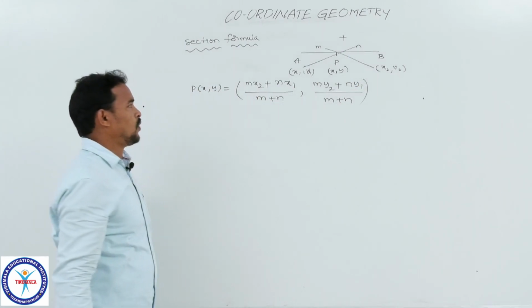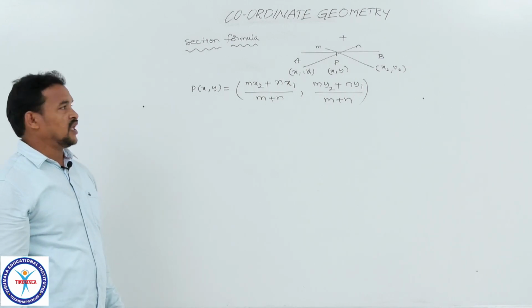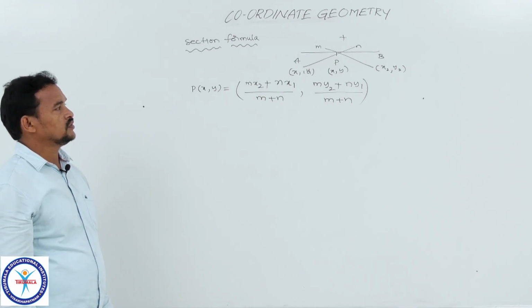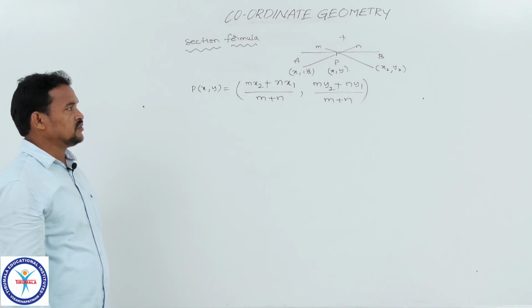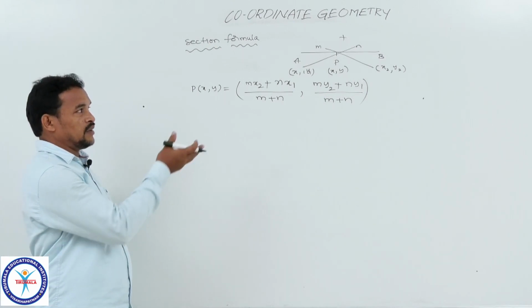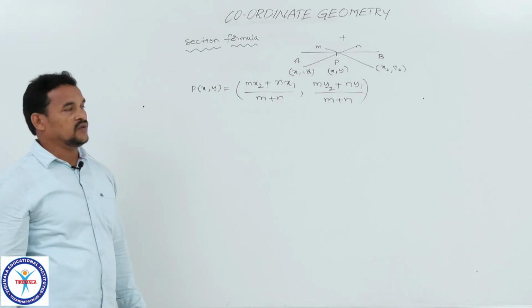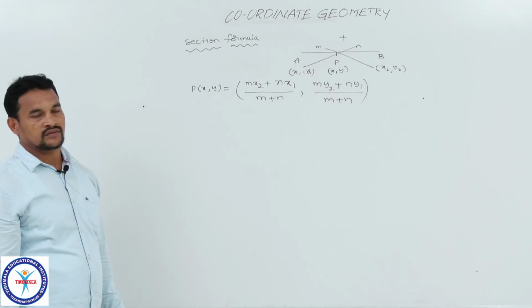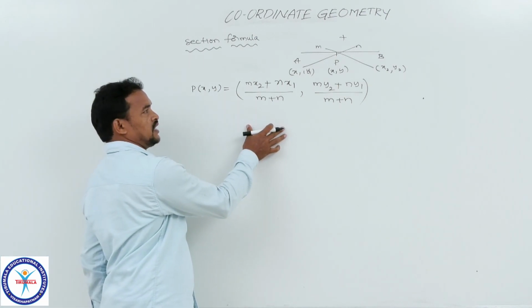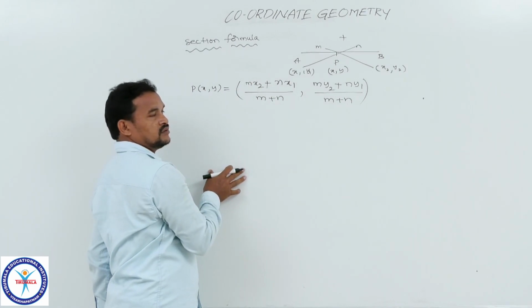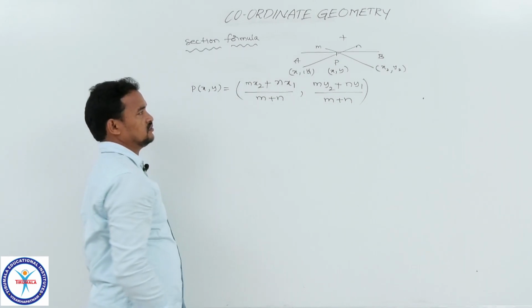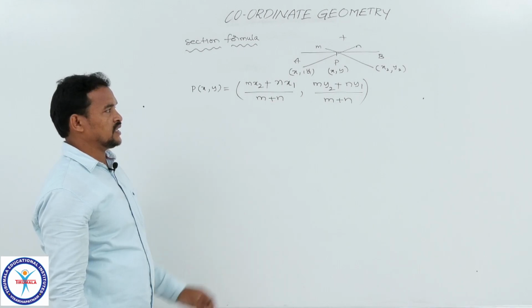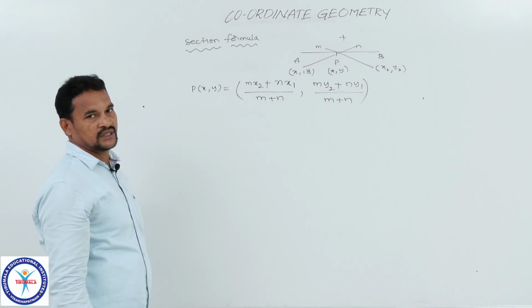These are the coordinates of the point P of x comma y lying inside AB. Sometimes that is nothing but P dividing the line segment internally in the ratio m is to n. Then the coordinates of P are mx2 plus nx1 by m plus n comma my2 plus ny1 by m plus n.